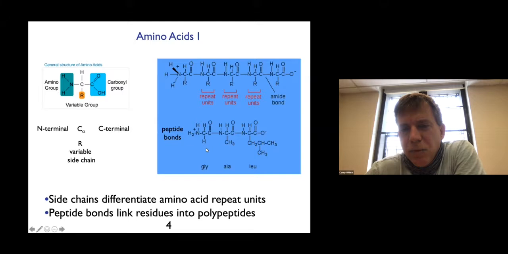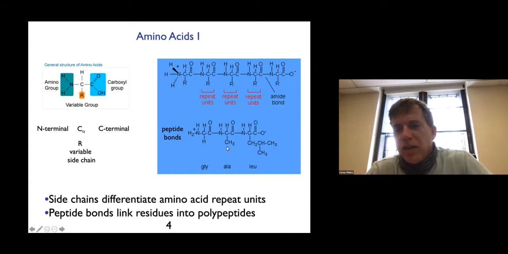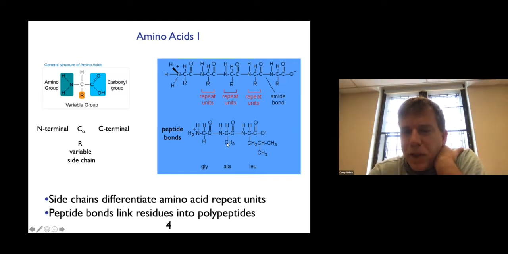And then it begins the discussion of the side chains, and you see glycine there has a very simple side chain, just a hydrogen coming off the central C alpha carbon, whereas alanine has the CH3 group for its side chain, and then leucine has an even more complicated side chain coming off. Those side chains are very important for determining the structure of proteins.